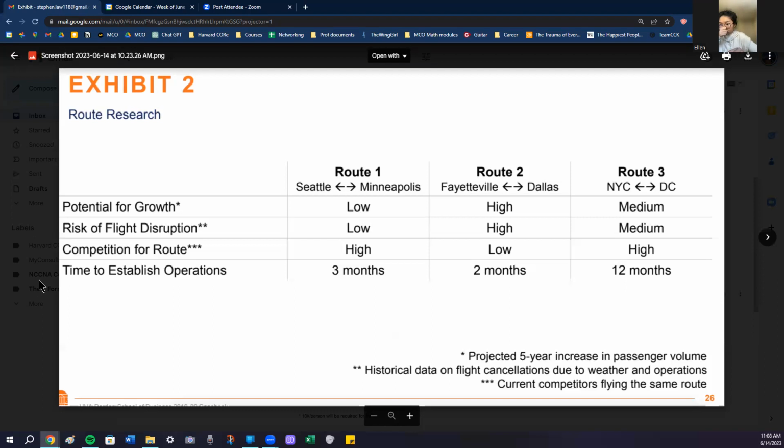So the payback period for the first route would be 8 months.